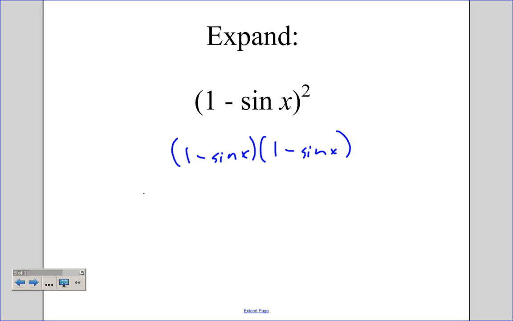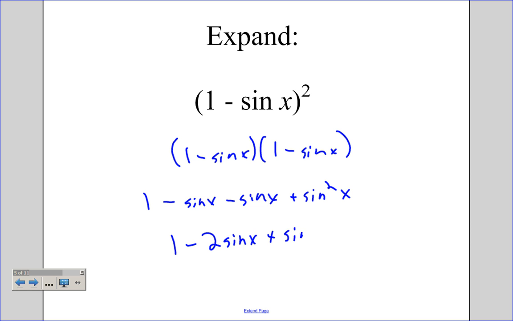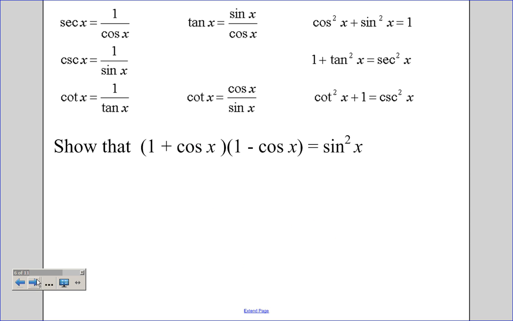So I'll have a 1, a minus sine of x, another minus sine of x, and then a plus sine squared of x. So when I combine the two middle terms, this would be 1 minus 2 sine of x plus sine squared x. All right, hopefully that makes sense.